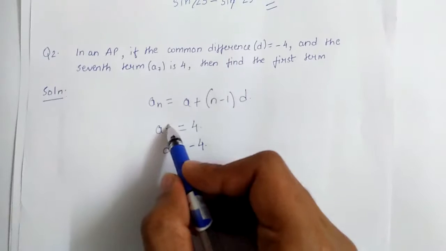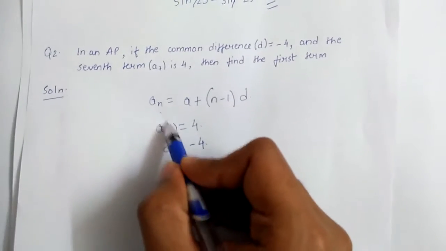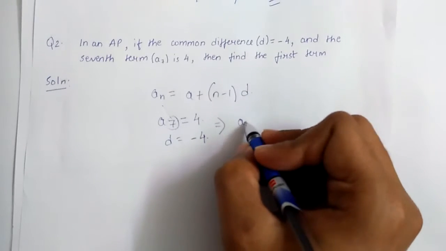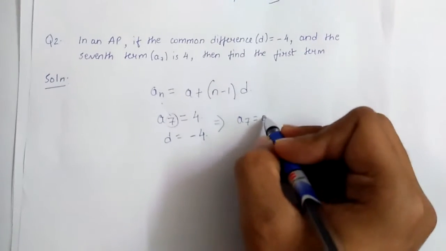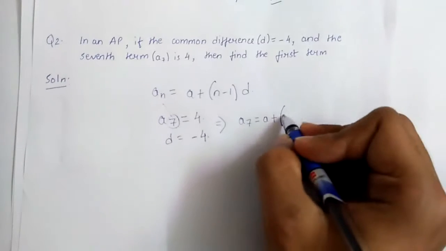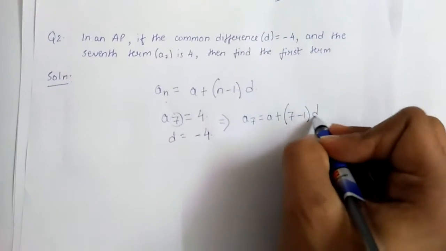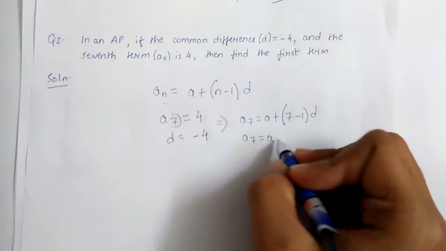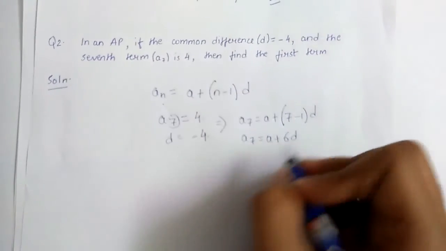So if you substitute 7 in place of n, we get A7 is equal to A plus 7 minus 1 into D, that is A7 equal to A plus 6D.